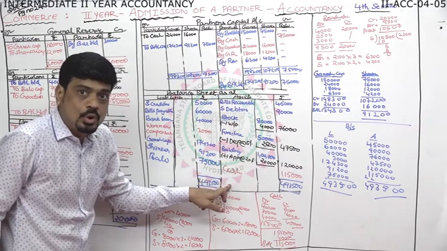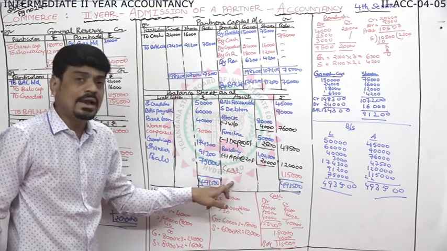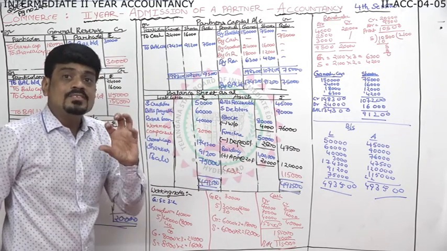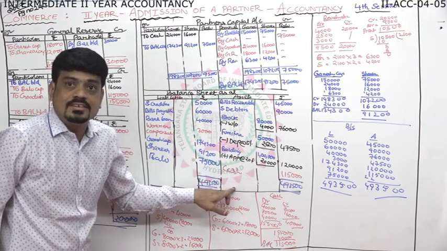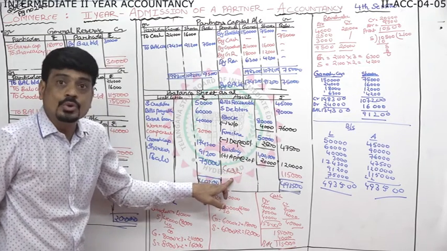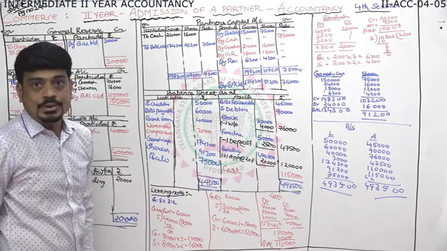As I told you the rule also, actually putting goodwill in balance sheet is not correct. But since our syllabus is modulated like that, we'll put goodwill in the balance sheet asset side. That I am going to show you in the next session, how that goodwill is valued.